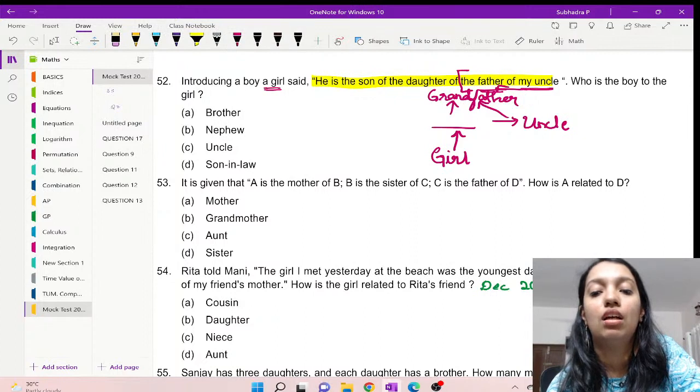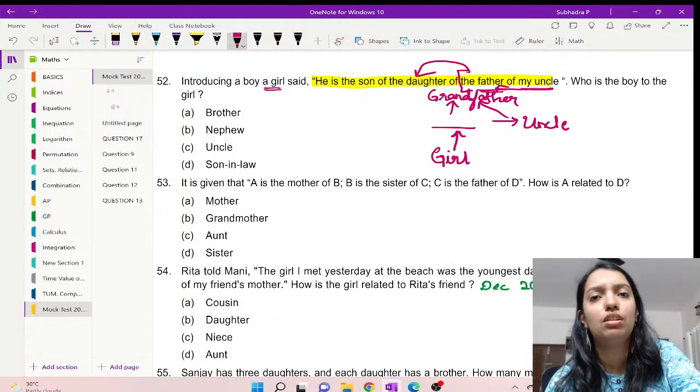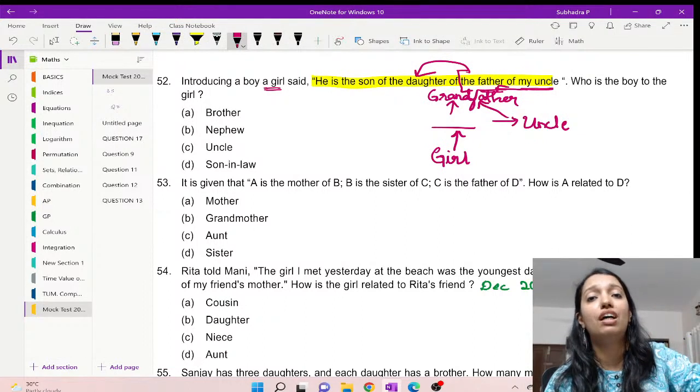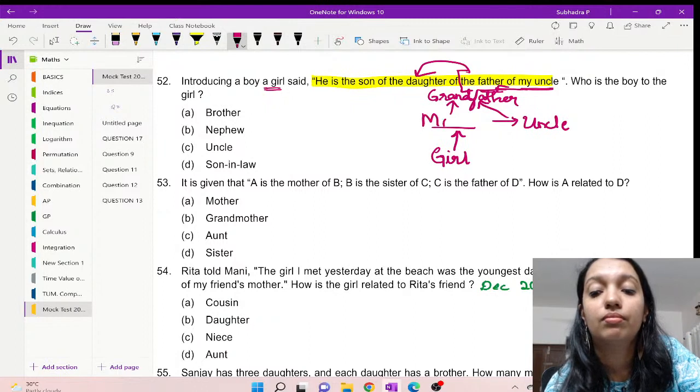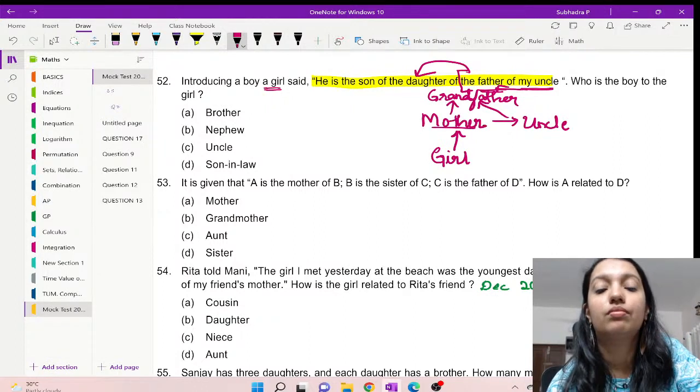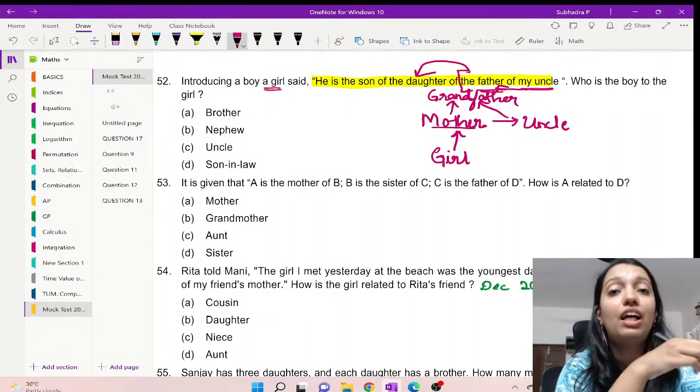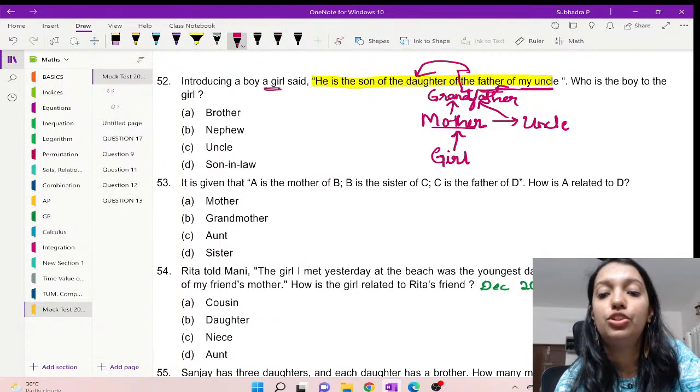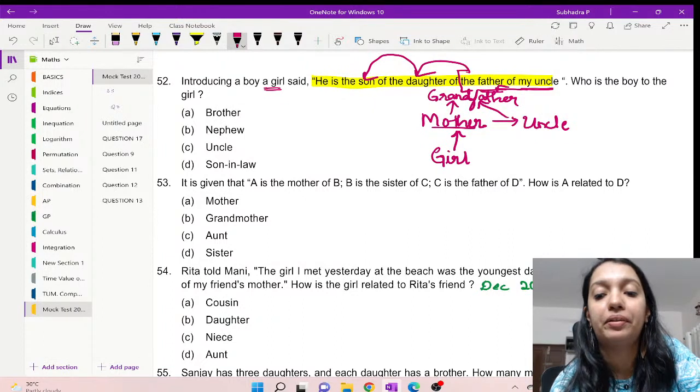Next, daughter of grandfather. Grandfather's daughter. My grandfather's son is my father. My grandfather's daughter is my mother. Don't bring in one more child into the picture. Okay, so this is mother. Next, son of mother. This is my mom.